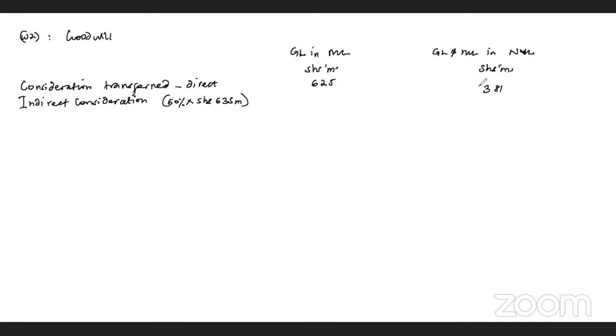So we have to come up with the fair value of the previously held interest. The fair value of the previously held 14%. As at which date? As at the date of obtaining control.